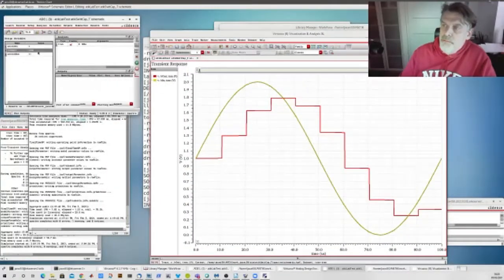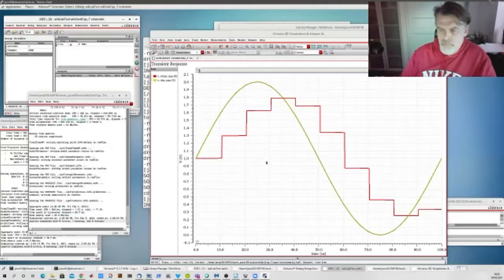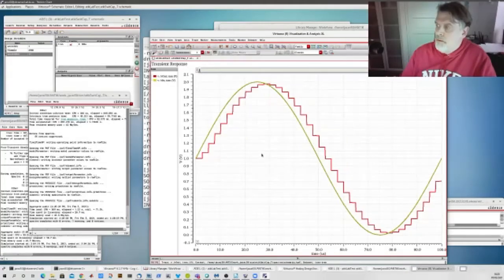And now I could increase the sample frequency 4 times, for example. Let's see what happens. So I would expect to get lower resistance because I decrease my resistance.